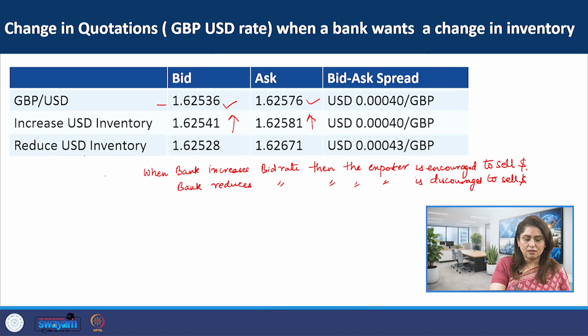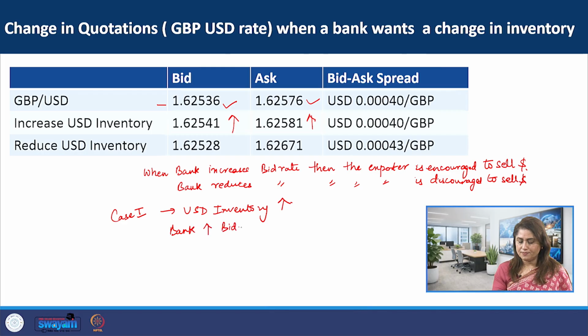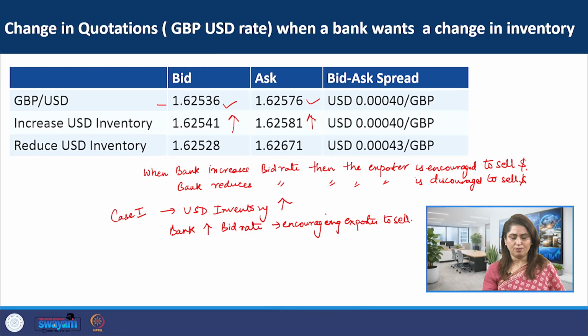Now let us take case 1. The USD inventory needs to be increased. Then the bank increases the bid rate, encouraging the exporter to sell, because the bid rate is the rate at which the bank will buy.